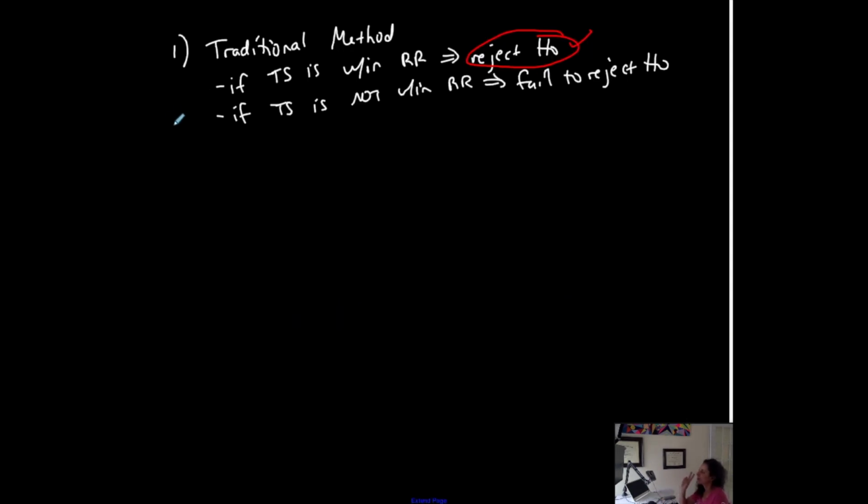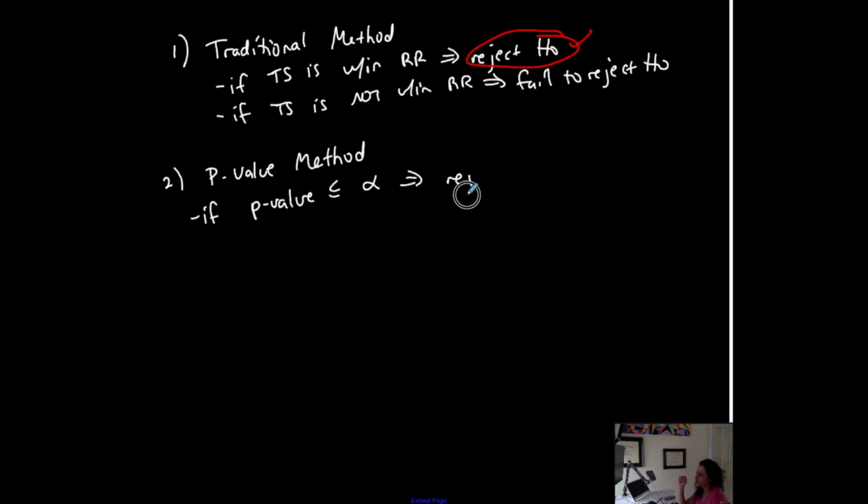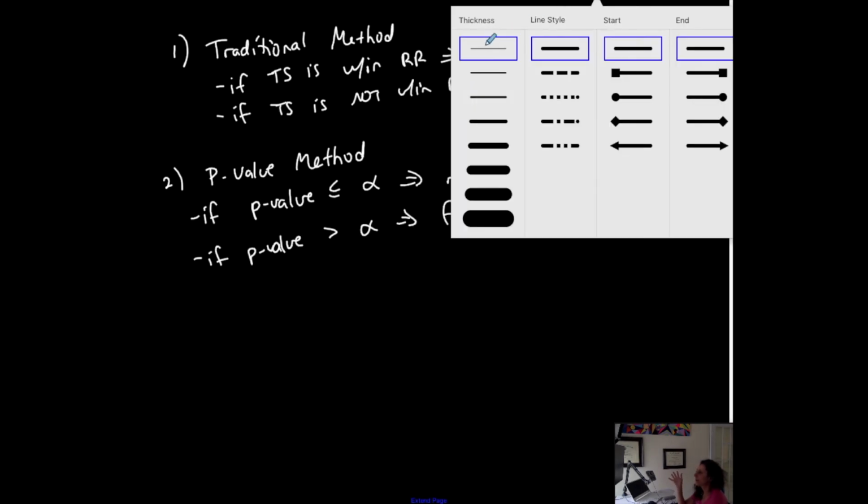Now, second method was the p-value method. I'm going to do the confidence interval method after this, maybe in another example. Let me focus on these two first. The p-value method, we said if the p-value was less than or equal to alpha, we reject the null. If the p-value was greater than alpha, then we fail to reject the null. Now, this is basically you're comparing areas, right?